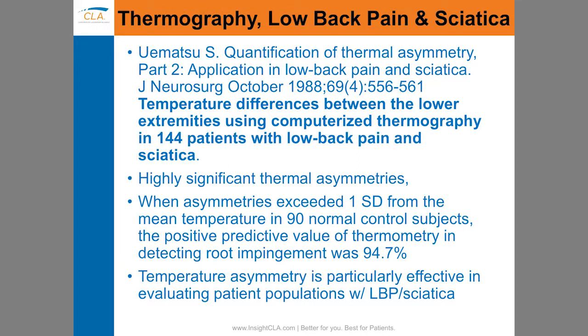And so when these asymmetries exceeded one standard deviation from the mean in 90 normal control subjects, the positive predictive value of using thermography in detecting nerve root impingement was 94.7%. Temperature asymmetry is particularly effective in evaluating patient populations with low back pain and sciatica.